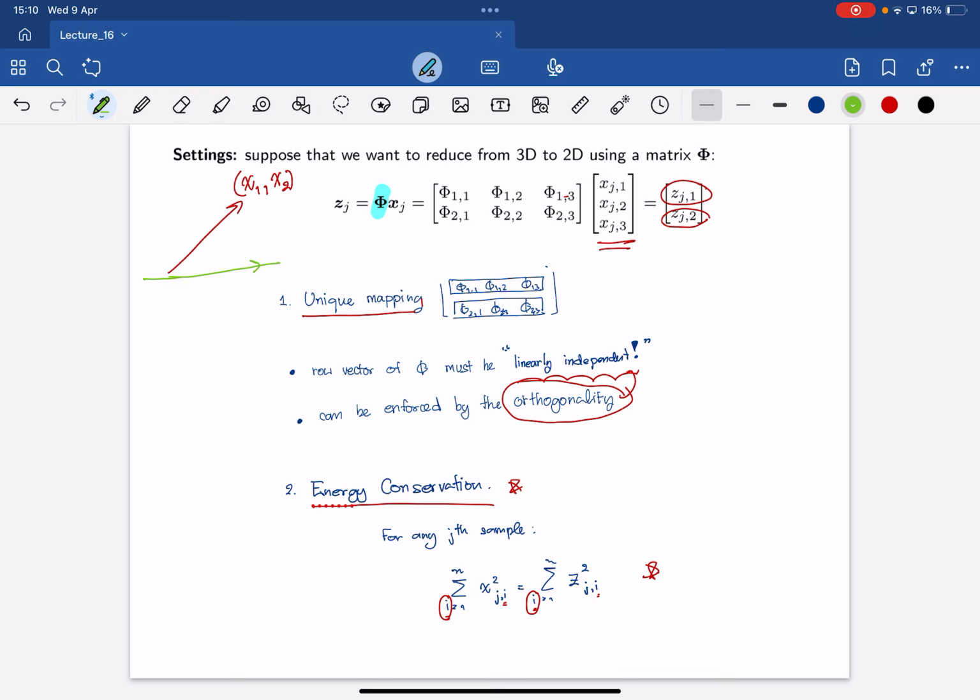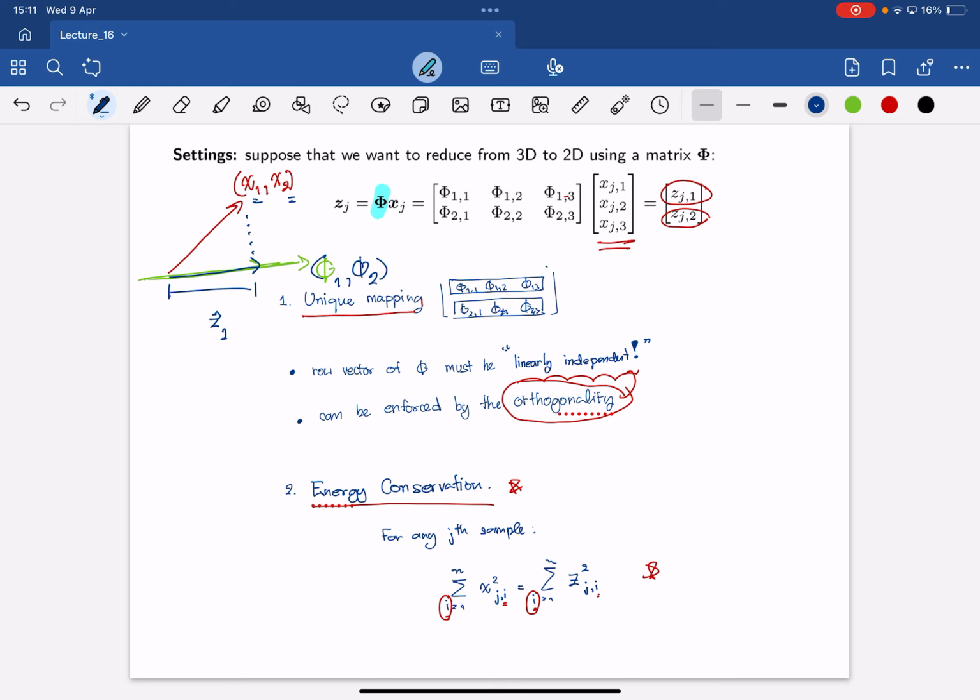So if you come up with a phi matrix that projects this data, whatever you have here is your projection, which is going to be your z. You're doing the product between x1, x2 and phi, which is a row vector, in this case phi 1, phi 2.